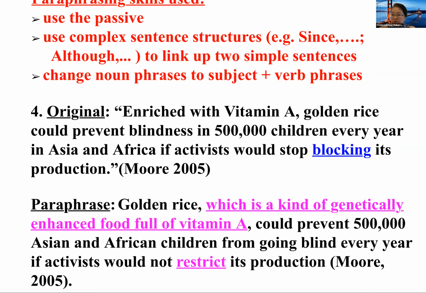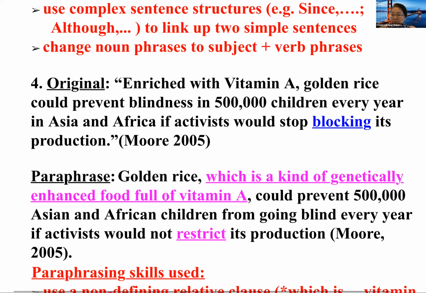So which one is the relative clause? Which is a kind of genetically enhanced food full of vitamin A. Now here, this relative clause could give extra information to golden rice and then continue with the rest of your sentence.